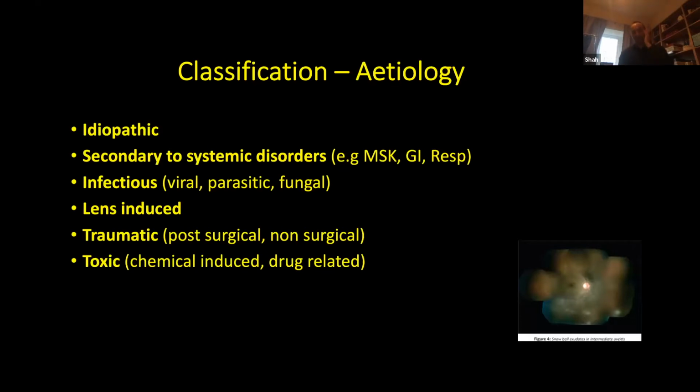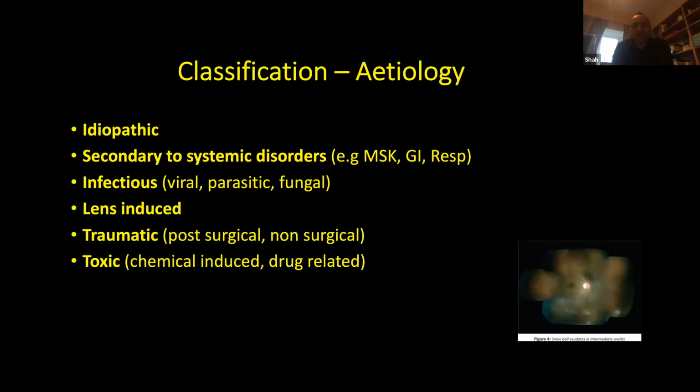But if they are recurrent, or if the posterior segment of the eye is involved, then the risk that this could be something systemic or some sort of ocular syndrome goes up significantly. So we normally don't investigate anterior uveitis when it's just happened once and there's no posterior segment involvement. But if the inflammation occurs again, or if there are any structures in the back of the eye involved, then they do need a very thorough investigation. But by and large, idiopathic is the commonest finding.